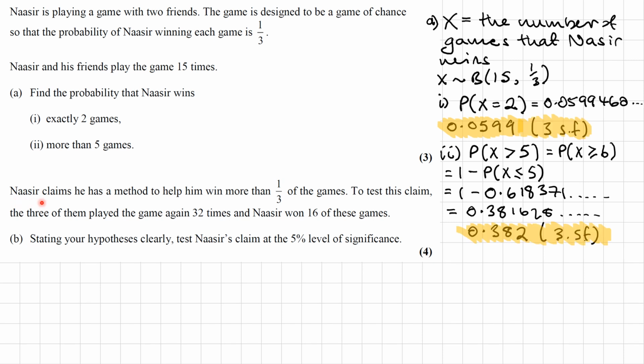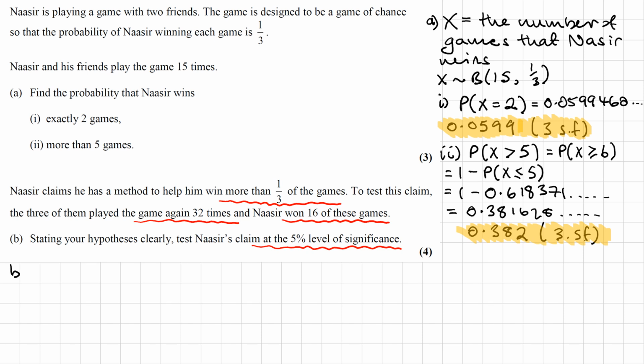Okay, part B. Nasir claims that he has a method to help him win more than 1/3 of the games. To test this claim, the 3 of them played the game again 32 times, and Nasir won 16 of these games. We need to state our hypothesis clearly, test Nasir's claim at the 5% level of significance.